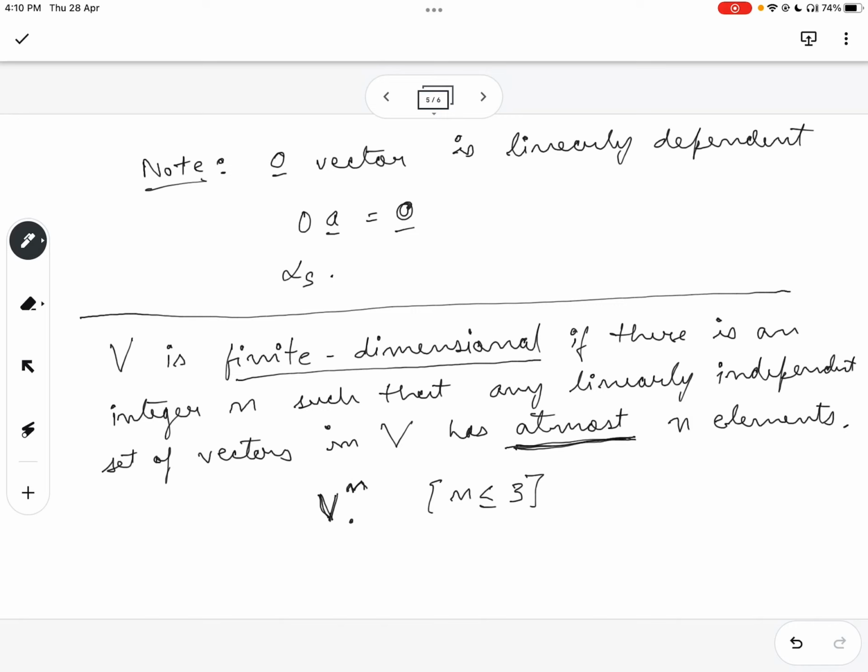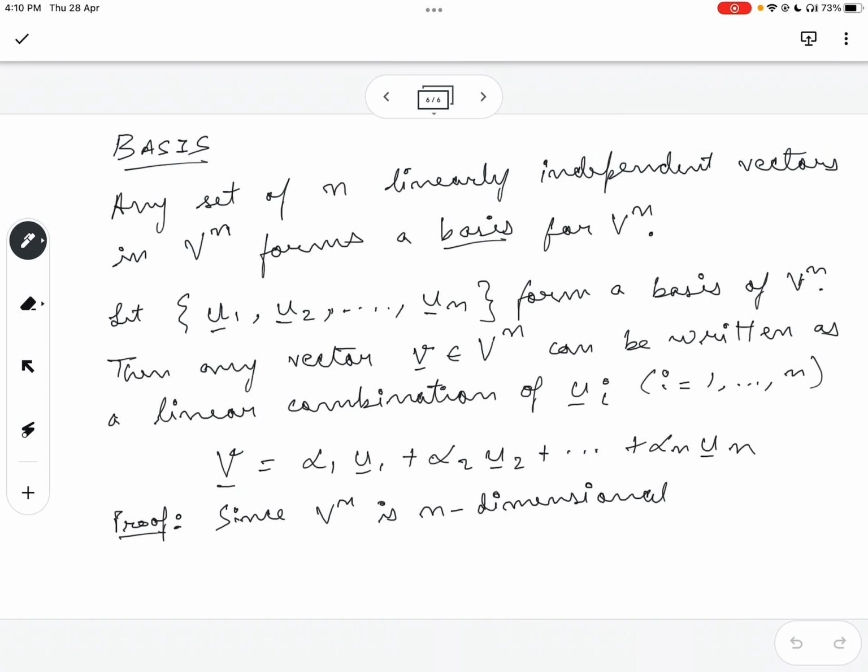So the highest number of linearly independent vectors in V, if V is n dimensional, is n. So that means that the set of vectors v along with the n vectors u1 to un has to be linearly dependent.